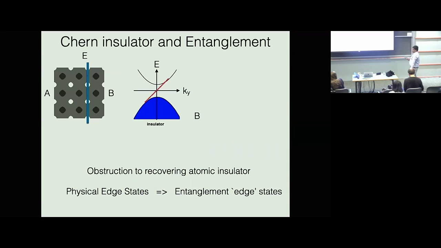Okay, and the fact that you have these edge states requires you to have a certain degree of entanglement, and that's really what gives you this obstruction to recovering the atomic insulator.